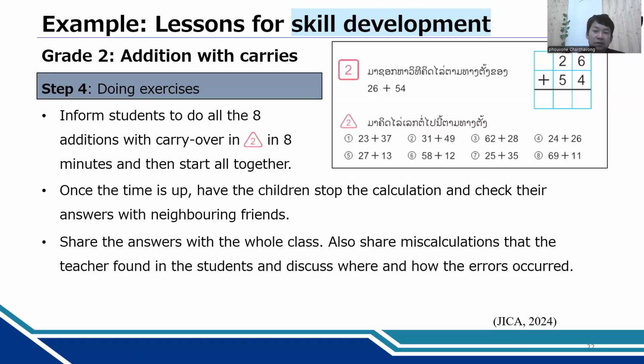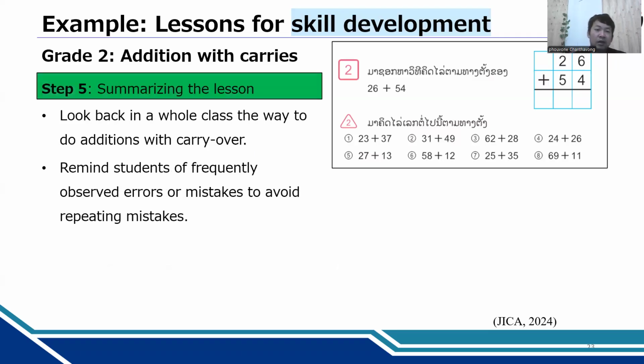At this stage, we focus more on accuracy, or who is the fastest one and who is still slow. So this is more on skill development. And then it comes to the summary of the lesson.